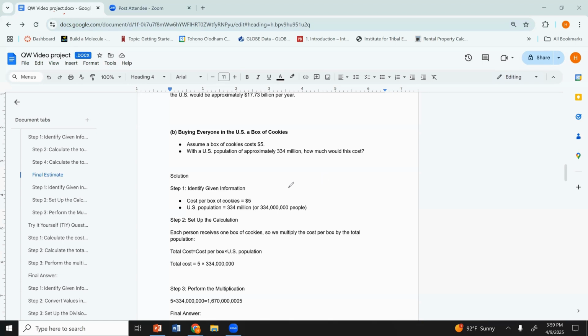So we have to gather some information here. The cost is $5 and the population is 334 million. It's important, if we are performing a multiplication or any operation, that we write out the numbers, not just 334 like this.